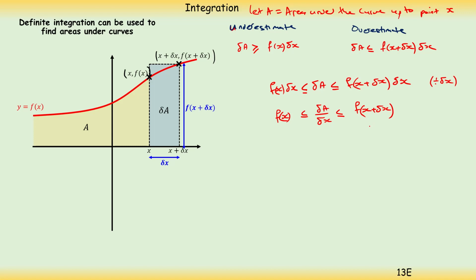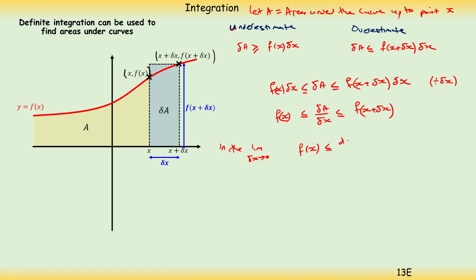I'm hoping that you guys remember your differentiation from first principles. Okay, and when you saw me write delta x, hopefully you were thinking, I wonder if he's going to use the limit. And I am. So in the limit, as delta x tends to 0, what we have then is f of x less than or equal to, and it's the differential now, we change to d.